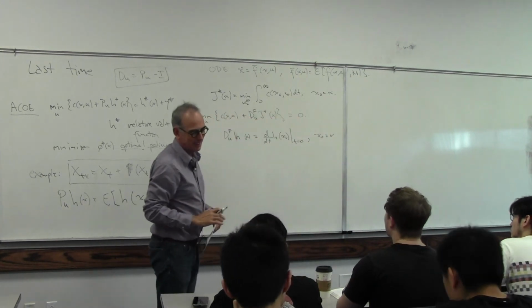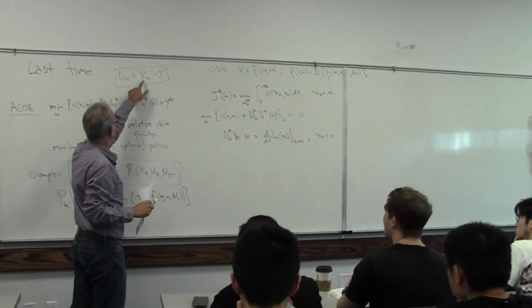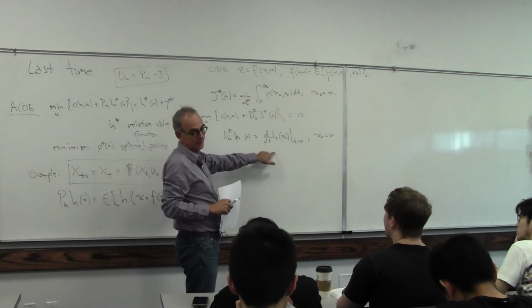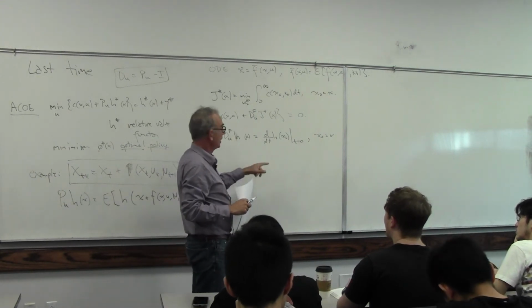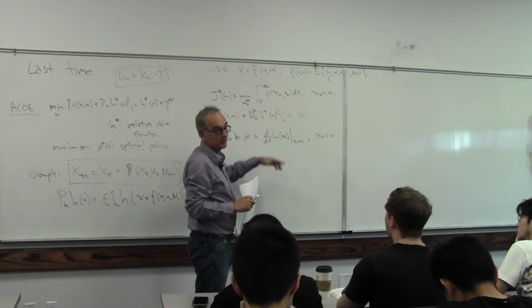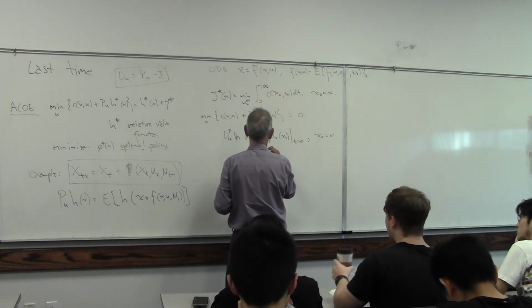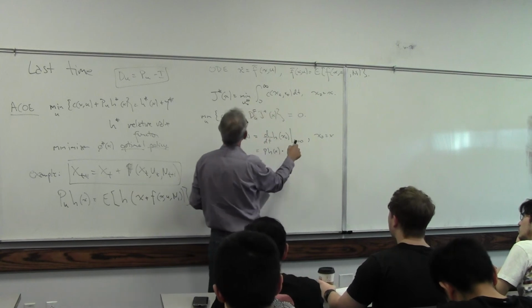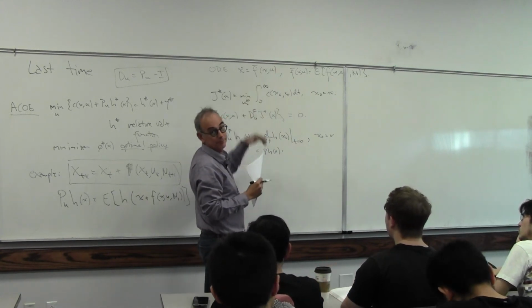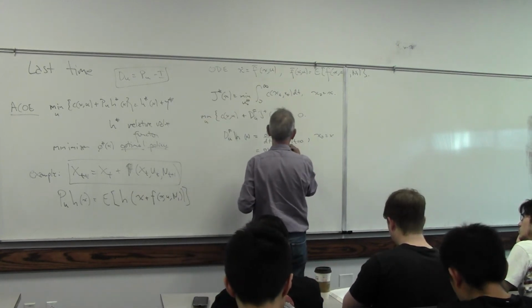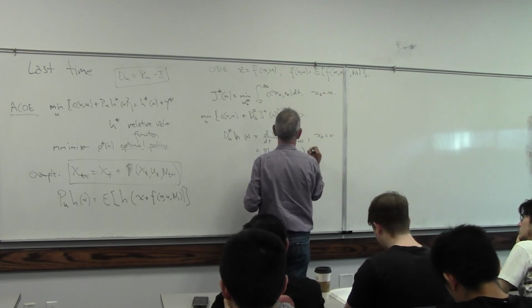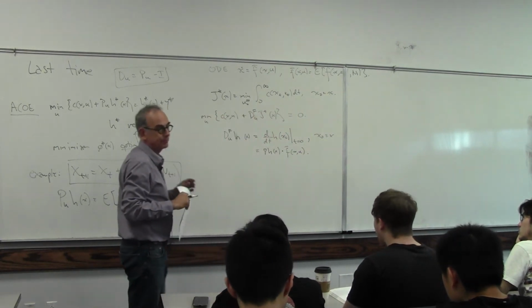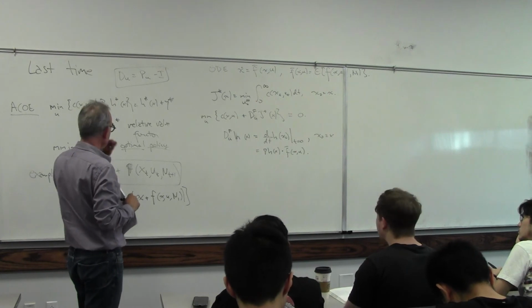So instead of taking differences, I'm taking derivatives. But by the chain rule, I take the gradient of h at x, and I dot that with x dot, but x dot is f bar. So we've seen all this a few times.